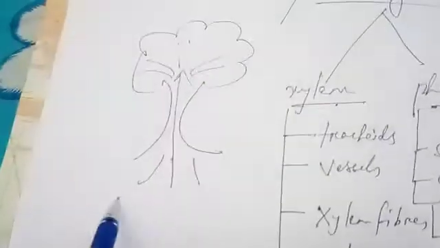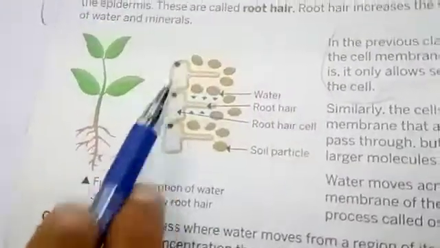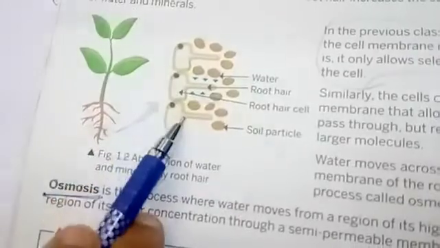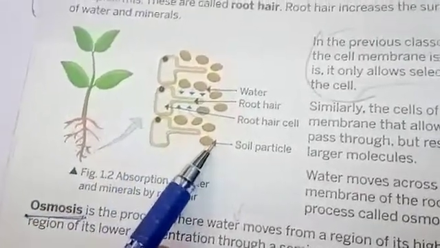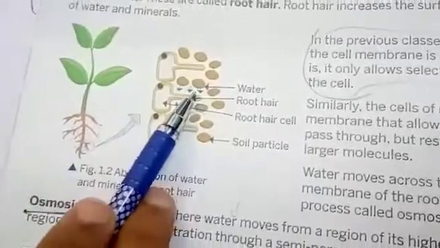In case of a plant, if you see the roots, we apply water in the soil. If you see the diagram of your book here, you can see these are the root hair cells and these are the soil particles. And when we pour water in the soil, then what happens?